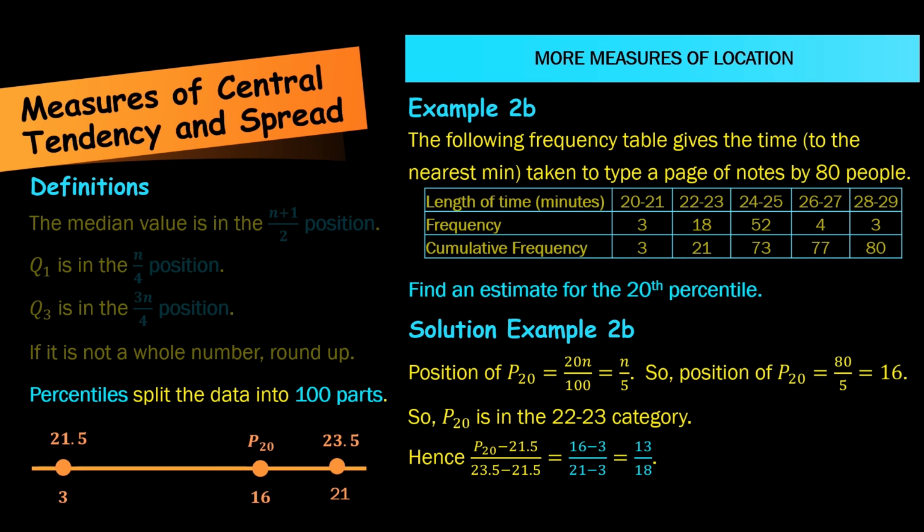And of course, tidying up on the right-hand side gives us 13 over 18. And then rearranging and solving for P20 gives us that P20 equals 22.9.